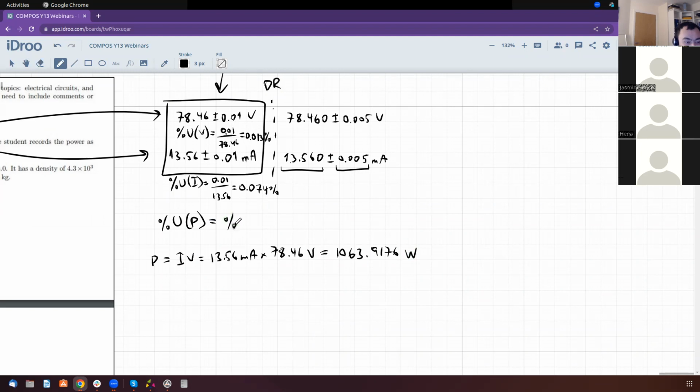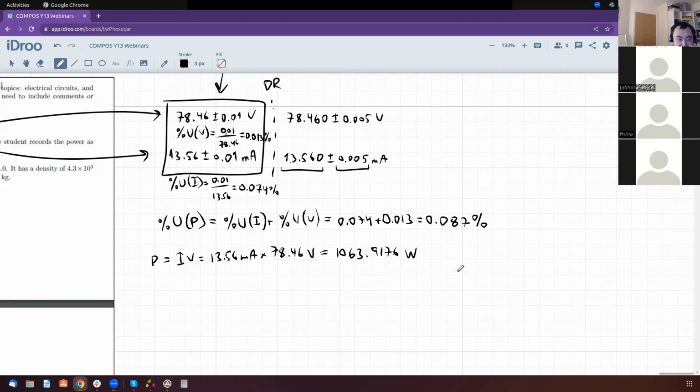It's the percentage uncertainty for current plus the percentage uncertainty for voltage, which is 0.074 plus 0.013, which is 0.087%.